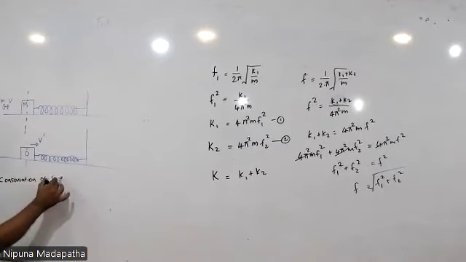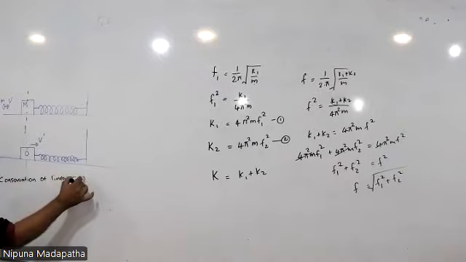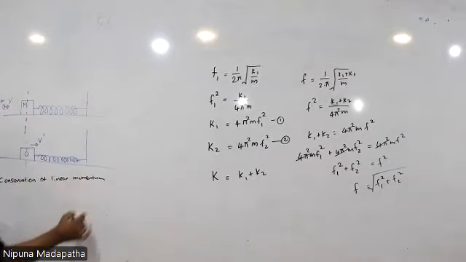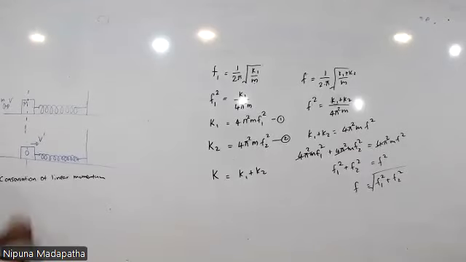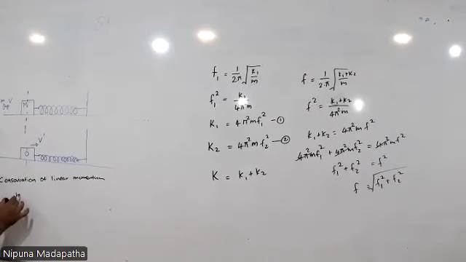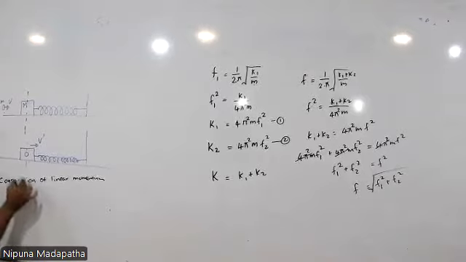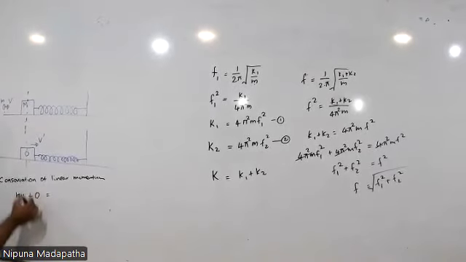So you need to put conservation of linear momentum. By the principle of conservation of linear momentum, the initial momentum is small m v of the bullet. The initial momentum of the block is 0.